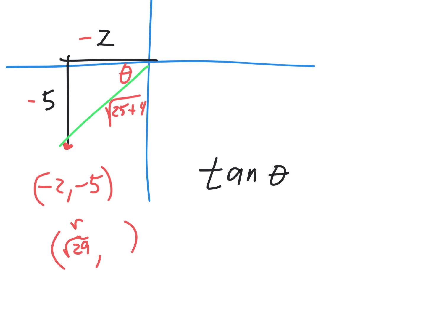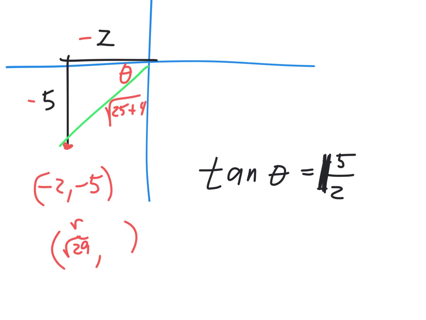Tangent of the angle. Okay, so tangent of theta is opposite over adjacent. Opposite's -5. Adjacent is 2. Oh, -2, thank you. And then the negatives will cancel. So there we go. And then, is that an angle?